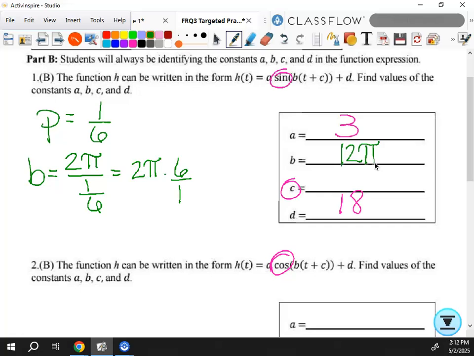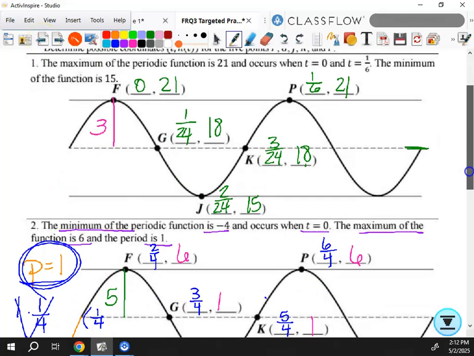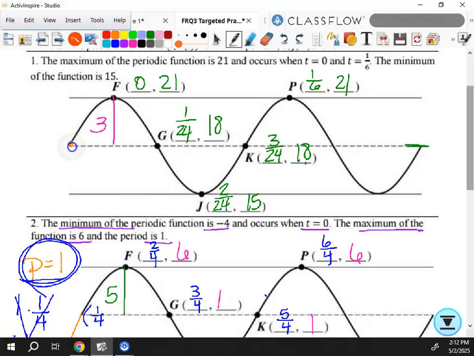All right, so then really I think the most confusing part, not that it necessarily is confusing, but I think if anything's going to be confusing, it would be the C for you. We looked at the fact that this one is sine. So when we go back over here, I know that sine has to start here on the midline. And so if this is 0, if I can go forward 1/24, I can go backward 1/24.